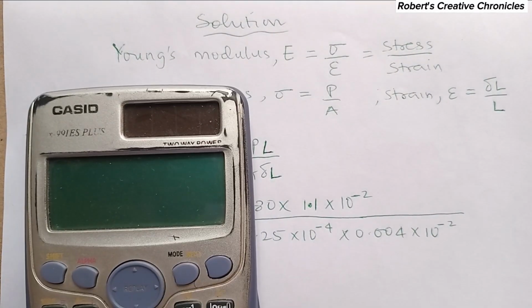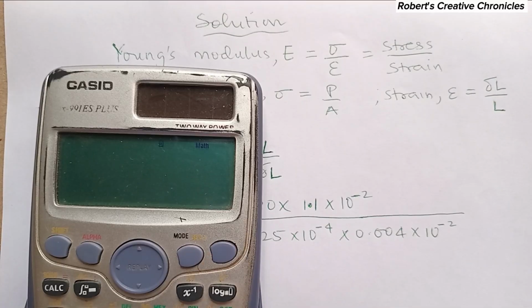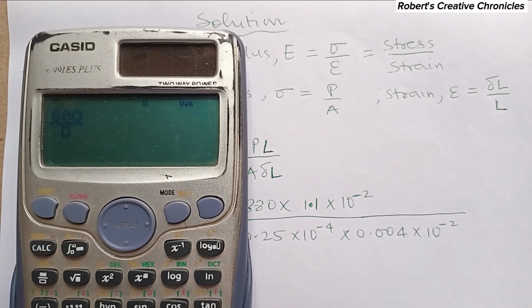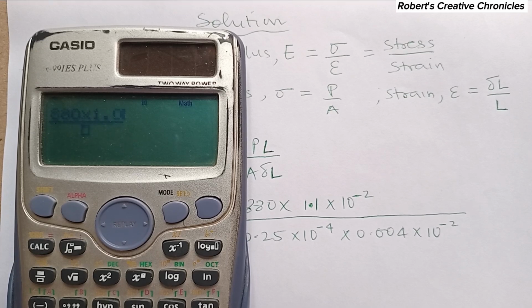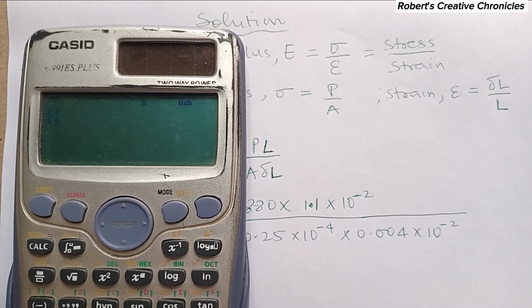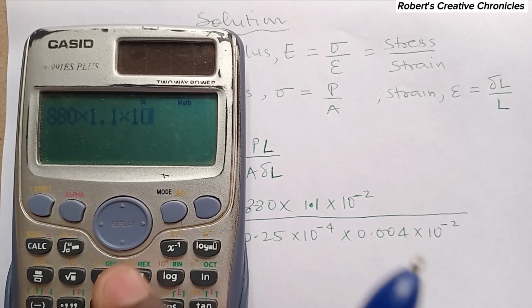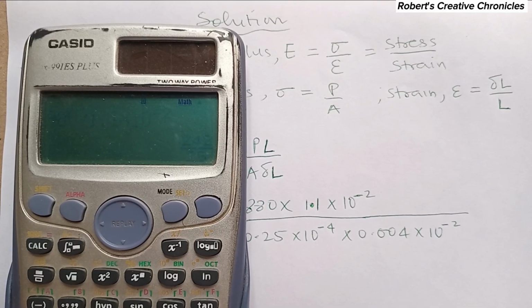So then we can put this in the calculator. This becomes what? Let me just put the numerator first. 880 times 1.1 times 10 raised to the power of minus 2.